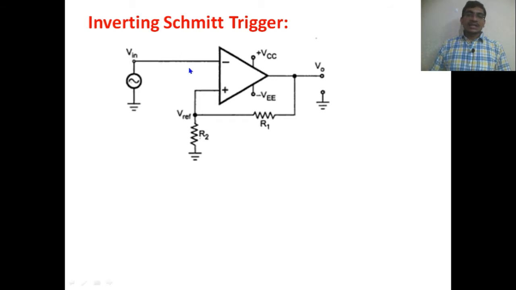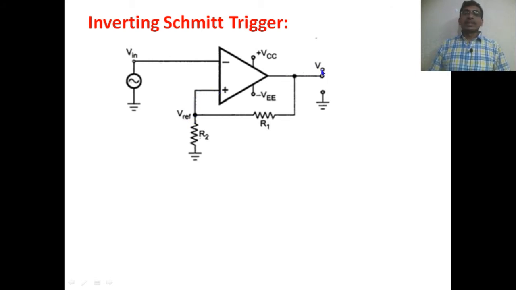Here you can say the op-amp is working in the inverting amplifier configuration because the VIN voltage is directly given to the inverting terminal of our op-amp, and the non-inverting terminal is given the reference voltage. Here the reference voltage is automatically generated from the output voltage. Actually, it is not the feedback; it is generating the reference voltage at the non-inverting terminal.